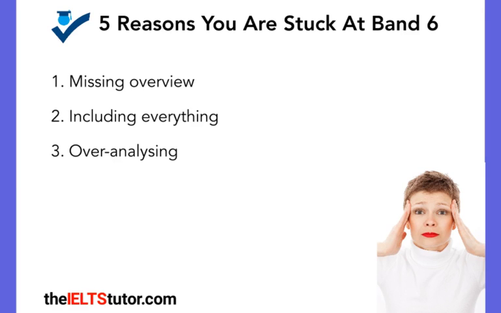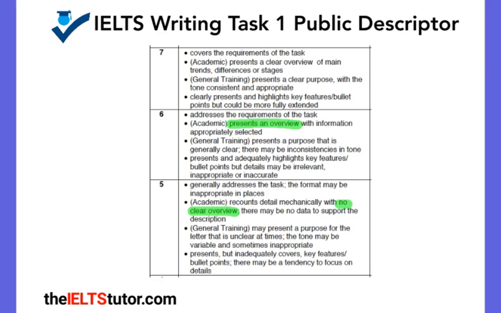All right, so if you take a look at the assessment criteria again over here, the difference between band 6 and band 7 is that a band 6 candidate appropriately selects information. A band 7 candidate shows a very clear overview of main trends, differences, or stages.